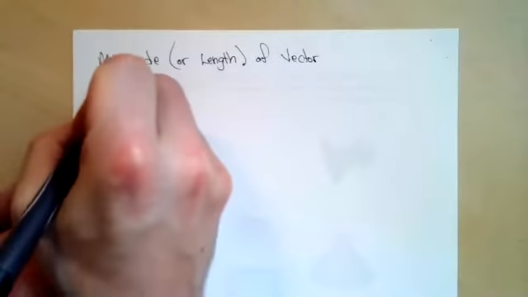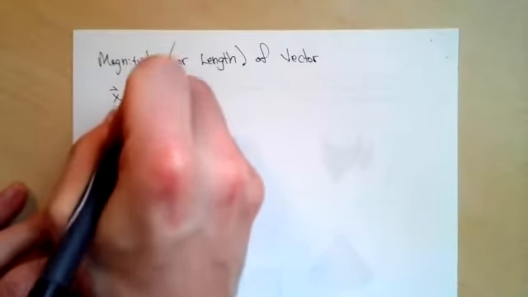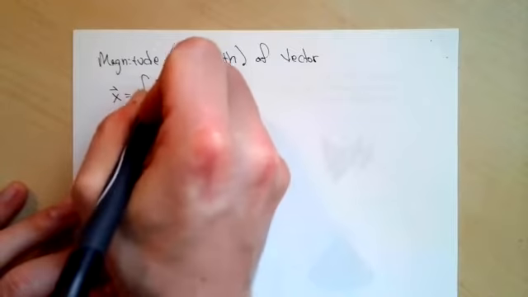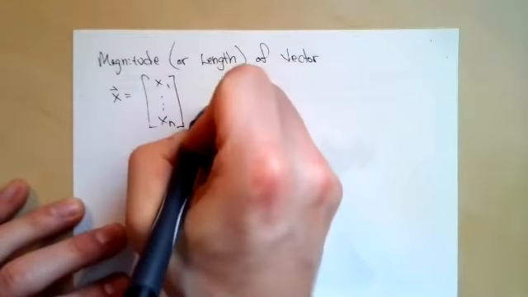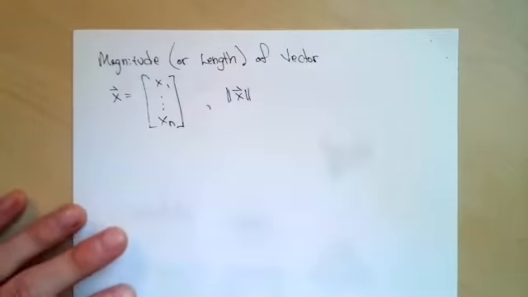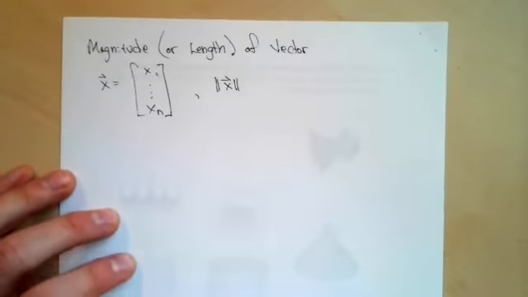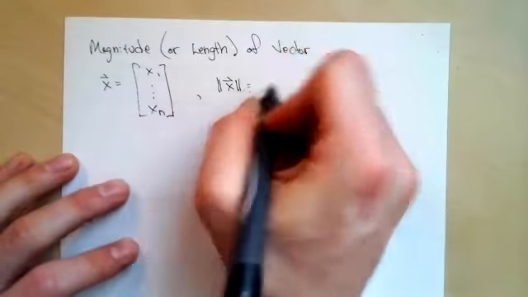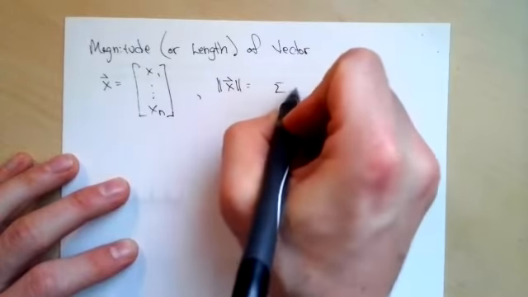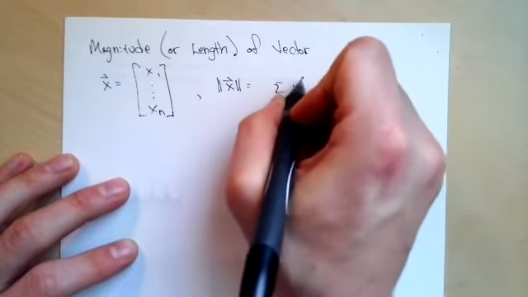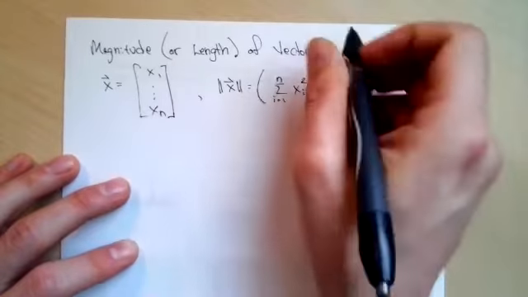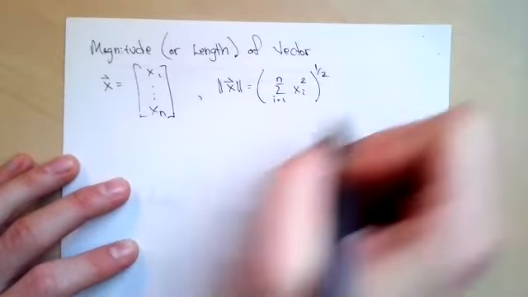So once again, our formula, if we have a vector given with components x1 to xn, then the length is written with 2 bars, kind of like an absolute value. And again, that's just going to be the sum of all of the components squared, and then take a square root.